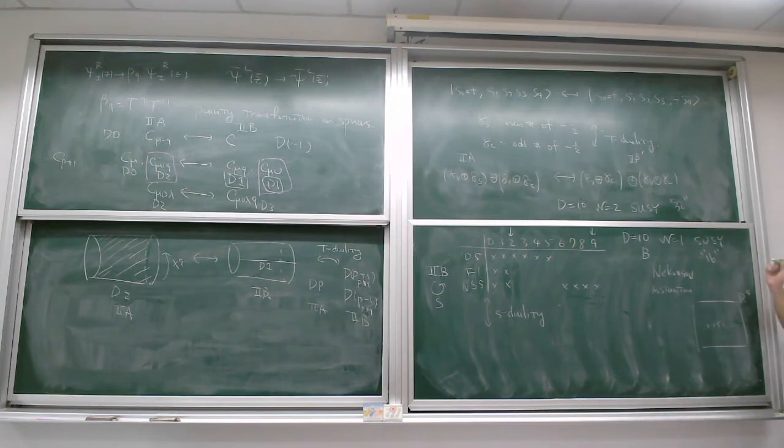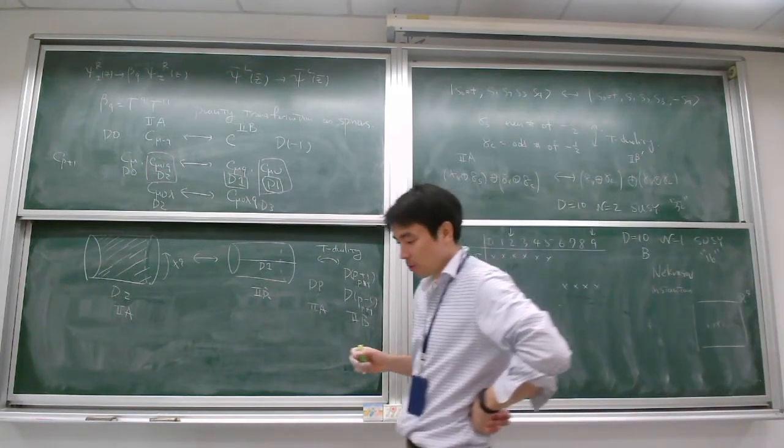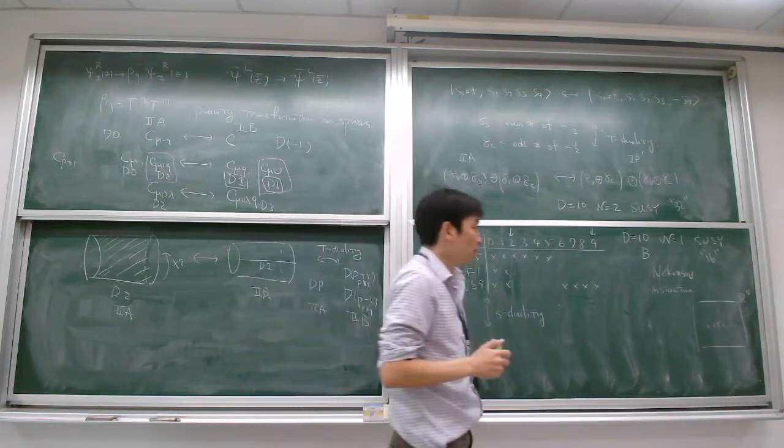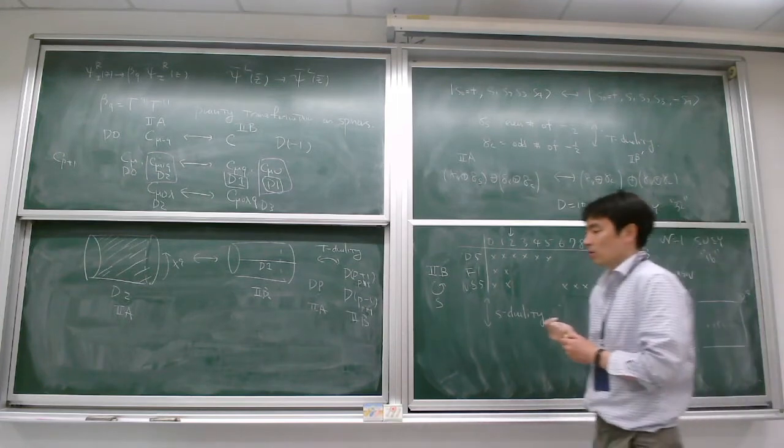To reduce the number of supersymmetries, we introduce the so-called orientifold projection. We do the orientifold projection and reduce the number of supersymmetries from 32 to 16. So that's what we are going to do.